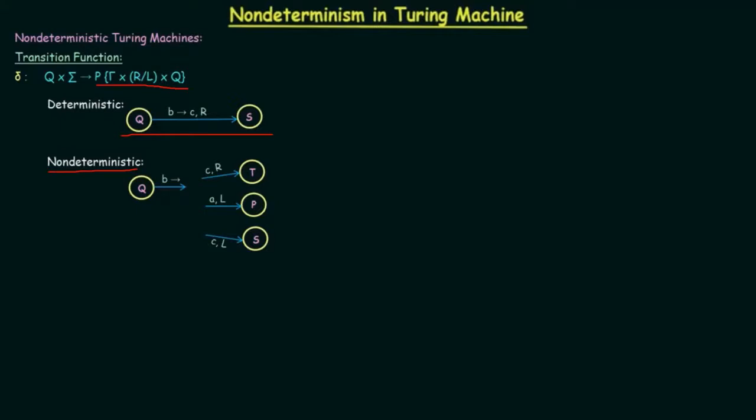If you encounter an input alphabet of B, you can replace it with a C, move right and go to state T. You can replace it with A, move left and go to state P, or you can replace it with C, go left and go to state A. So that is non-determinism in a Turing machine.